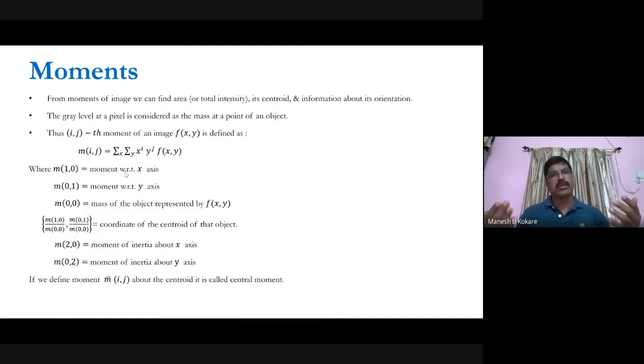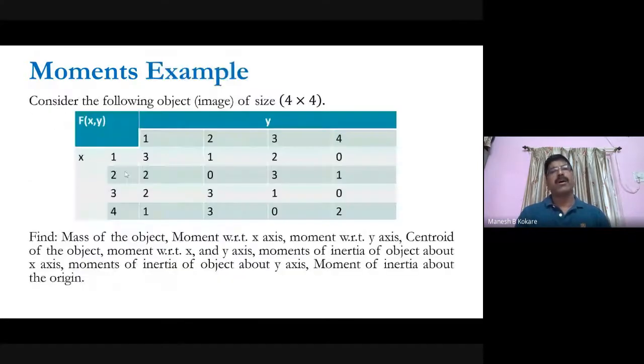Now again, we need to see whether these moment features are translation invariant. Definitely it is translation invariant. Whether these features are rotation invariant, we have to think over it. Just look at the following example of how we calculate the moments, and then we can think about whether it is translation invariant, rotation invariant, scale invariant, and so on.